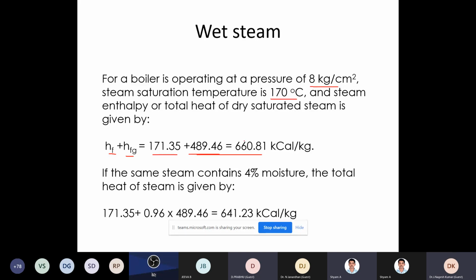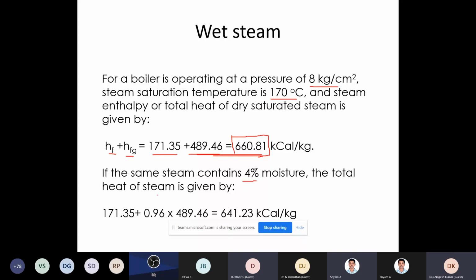That means all the water has been converted to steam. But there will be some amount of moisture. Let's say the same steam contains 4% moisture. Then the effective enthalpy. Enthalpy is the heat content. So this is what is known as the total enthalpy. What is the amount of heat carried by steam per kg? 660.81 kilocalories.